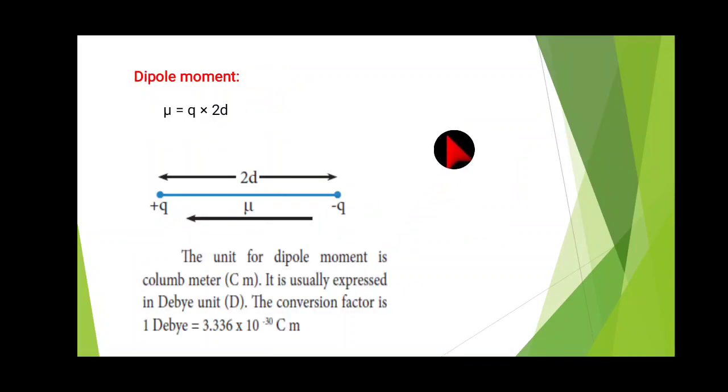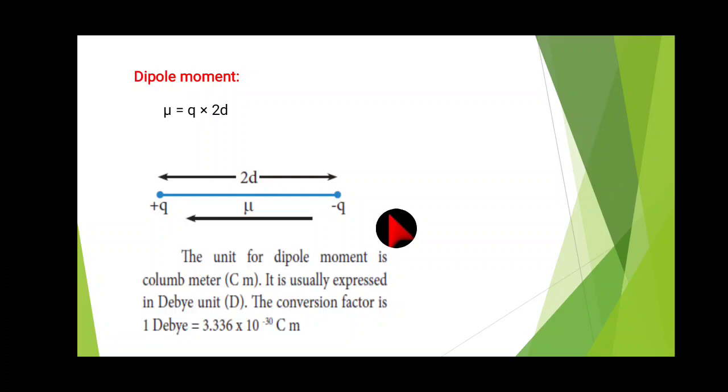Now, what is dipole moment? The polarity of a covalent bond can be measured in terms of a dipole moment, which is defined as mu equal to q into 2d, where mu is the dipole moment, q is the charge, and 2d is the distance between the two charges, plus q and minus q.